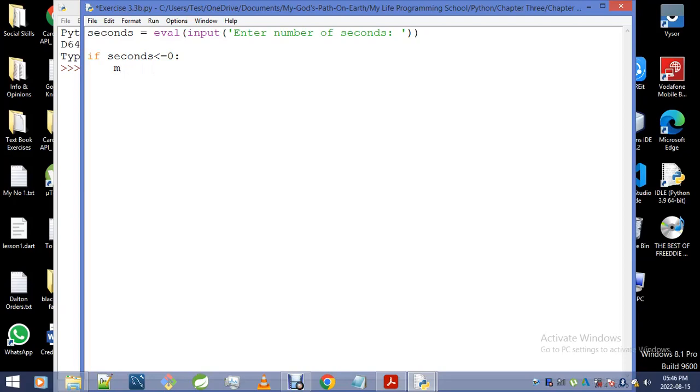Okay, so if that is the case, in fact, let me say, if it is what we want, if the number of seconds is positive, then I can now go minutes is equals to seconds divided by 60. There's no way in hell I can have two variables named seconds.